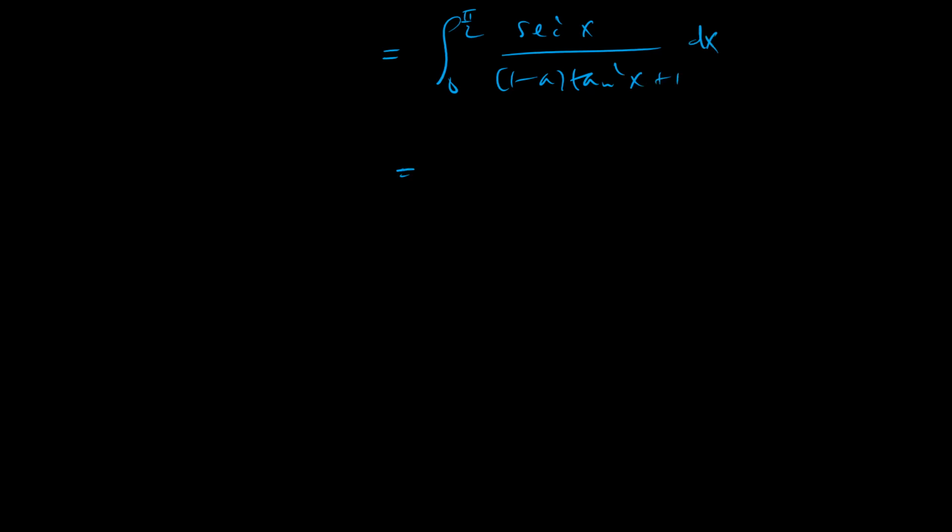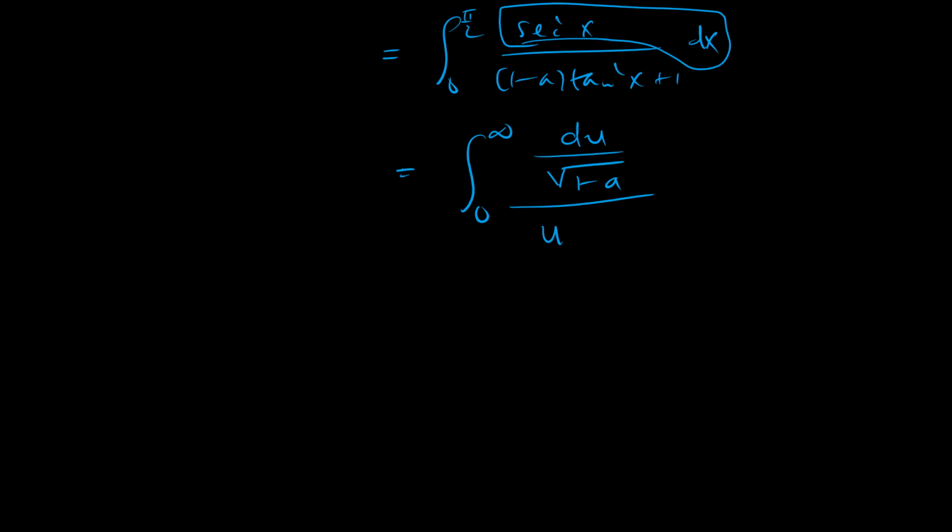So in the u domain, we're going to have 0 to infinity, and then this part here becomes du over the square root of 1 minus a over u squared plus 1, which is equal to 1 over the square root of 1 minus a, integral from 0 to infinity of du over u squared plus 1.